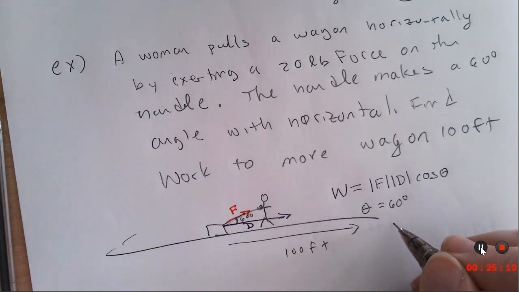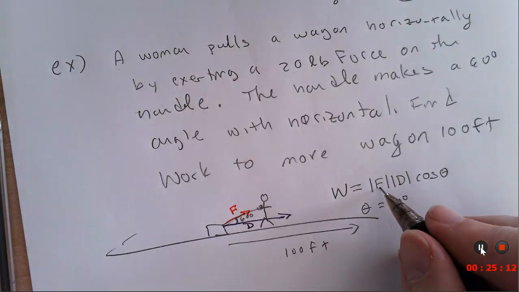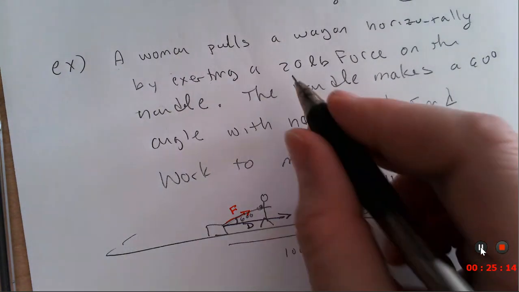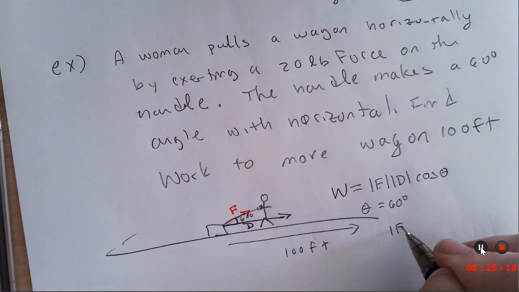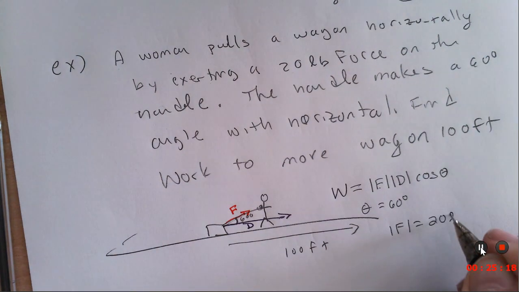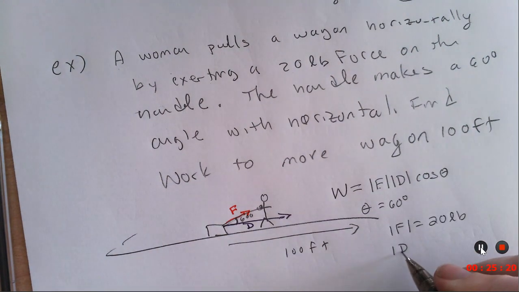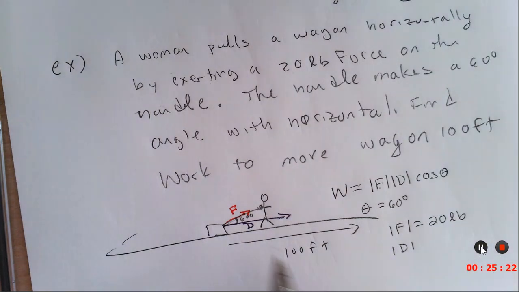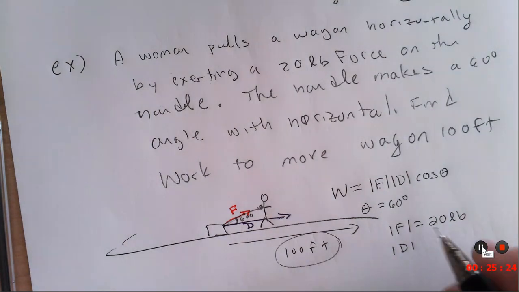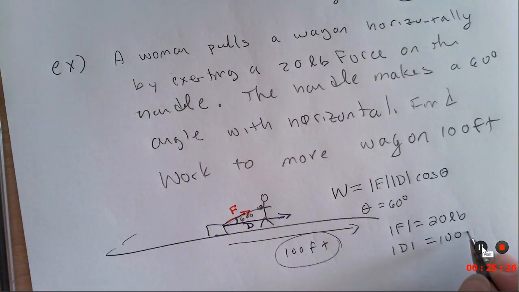So since we know that theta is 60 degrees, and the magnitude of the force is the strength or the length of the force, that's 20 pounds. And the magnitude of the distance, that's just how far it is. So how far is the distance? There it is. That's 100 feet. So it's actually relatively simple.